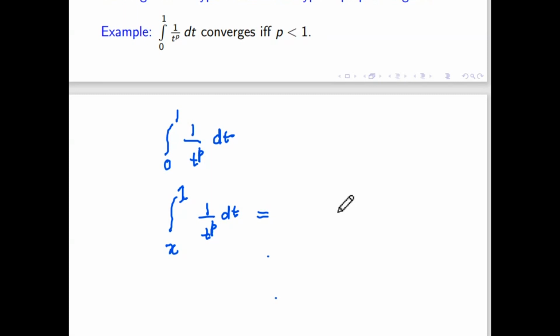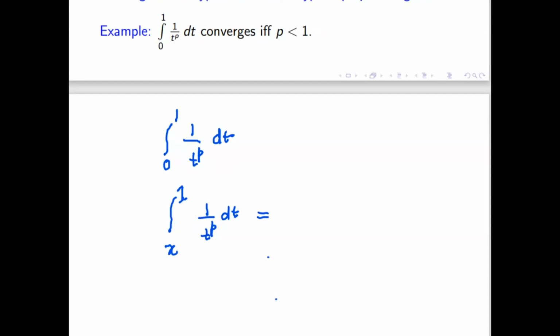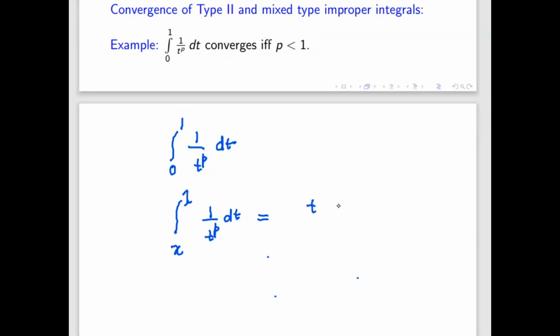It is t to the power minus p plus 1 divided by minus p plus 1, and then we'll apply the limit x to 1. Here p is less than 1, it is given. If p is equal to 1, then definitely it will give ln t, so that case will not arise here.